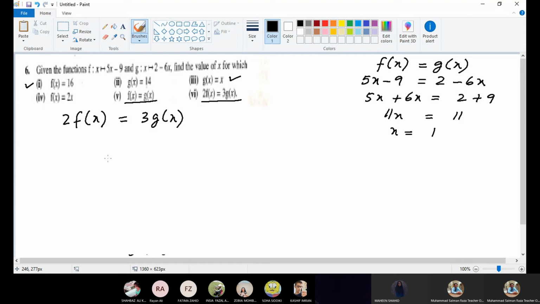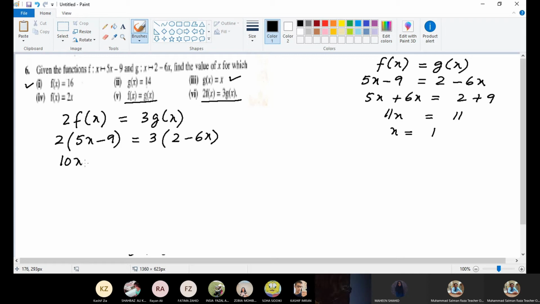And what are we going to do? First of all, the function of f of x is 5x minus 9. So I'm going to keep this 2 over here and I'm going to copy the function of f of x, which is 5x minus 9 over here. And now I'll do the same 3 into 2 minus 6x.